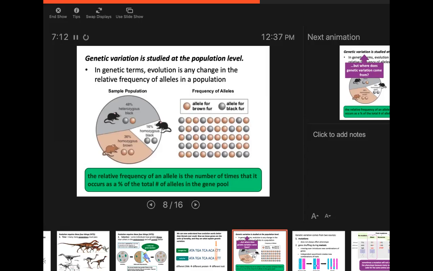Just the very first type that we ever talked about, okay? Because we don't see a mixture and we don't see both colors showing through. Nicely done. So over here, that shows us our sample population. And then if you look over here, this is just our frequency of alleles. So the possibility of the alleles for brown fur and the possibility of alleles for black fur. So down here, you can't see this, but I will read it to you. It says the relative frequency of an allele is the number of times that it occurs as a percentage of the total number of alleles in the gene pool.